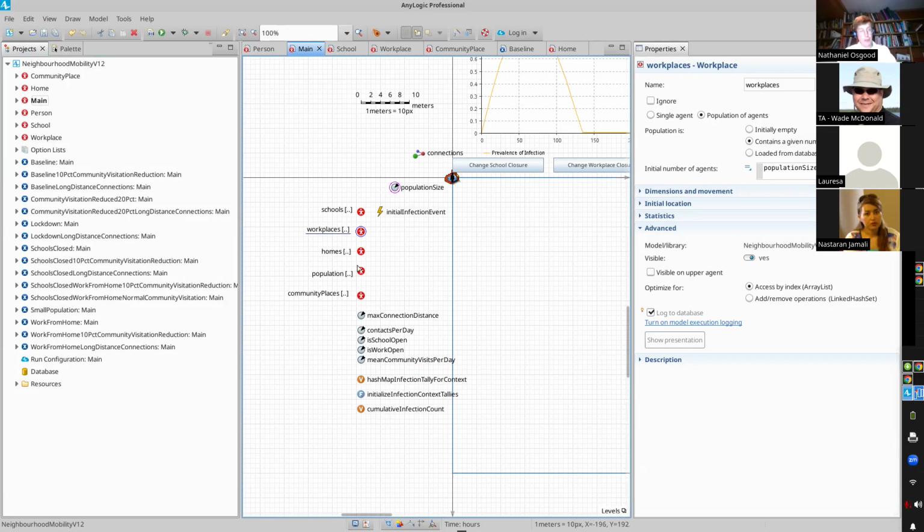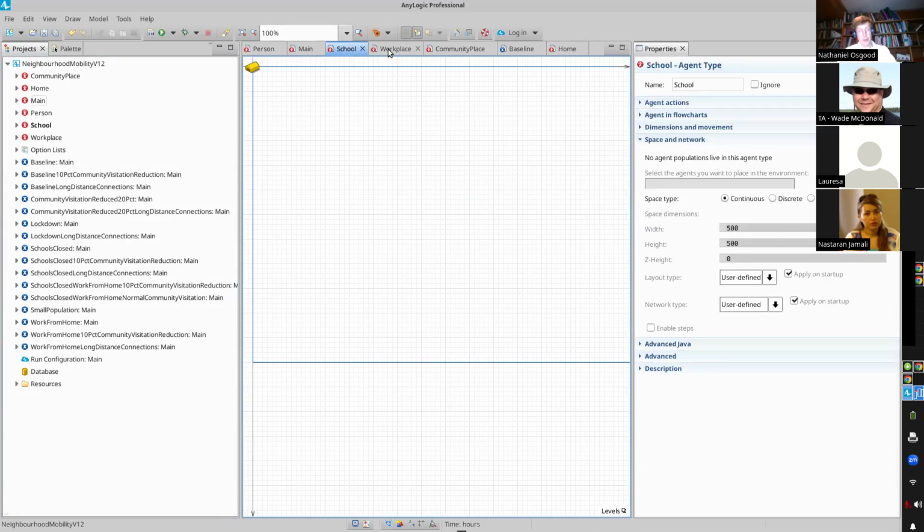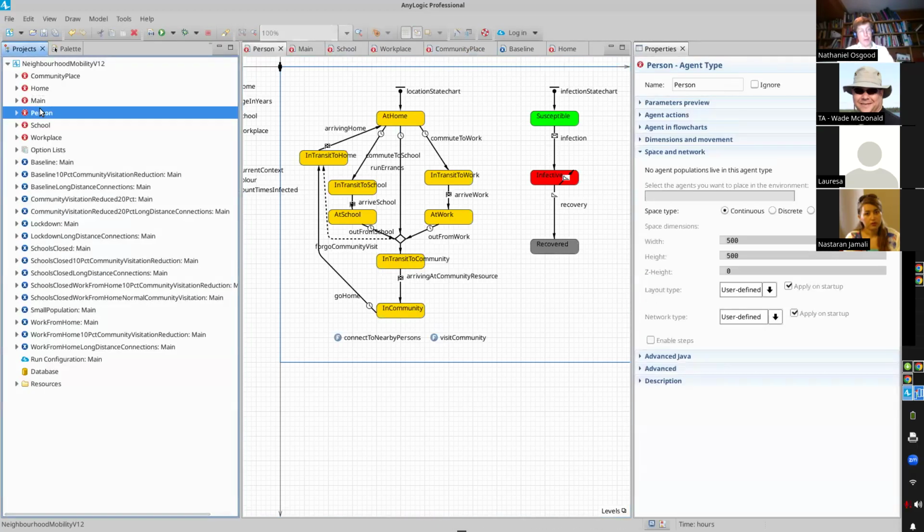Most of these, though, as we noted, are pretty passive. I mean, look at the school, it just sits there like a bump on a log. The workplace, similarly, the community place. These are places where agents get to interact. Here they're sort of serving as containers, receptacles that people go to, vessels in which people interact, but they don't have agency fully here, and so I view them as kind of barely agents.